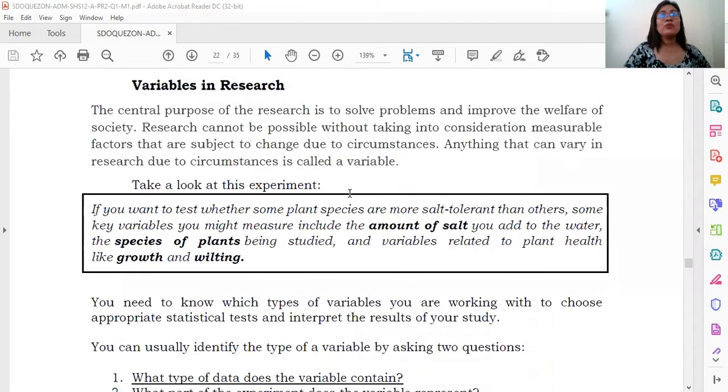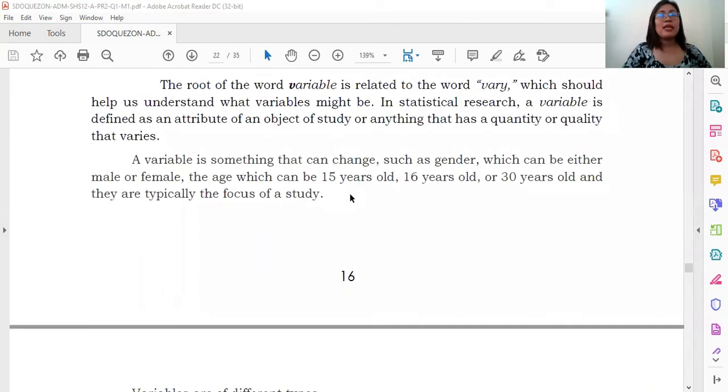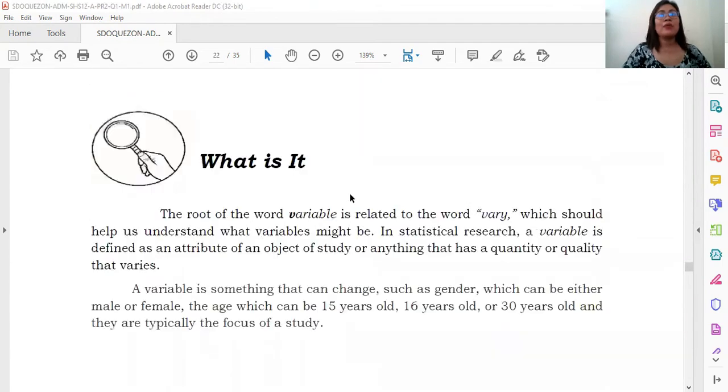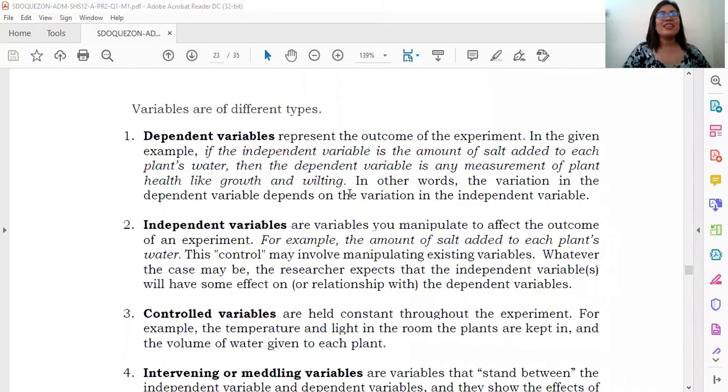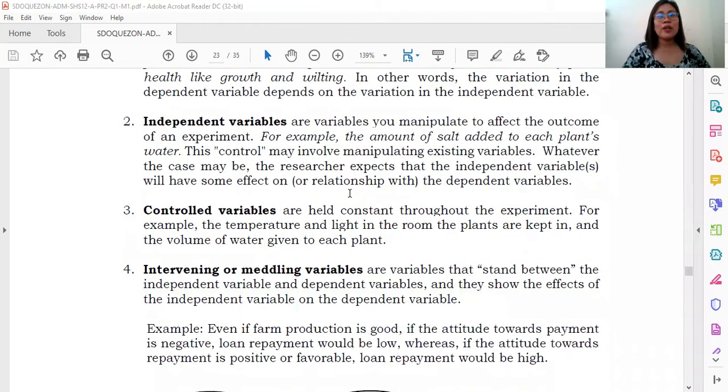For What's New, you'll just have to read the types of variables in research, as well as in What Is It. Here, you'll be encountering the different variable types. We have the dependent variable, the independent variable, the controlled variables, intervening or meddling variables.